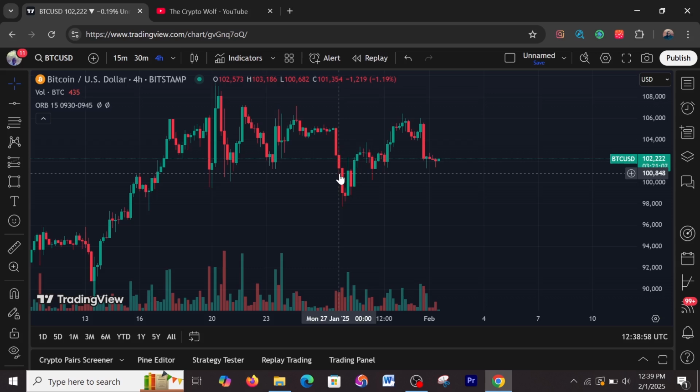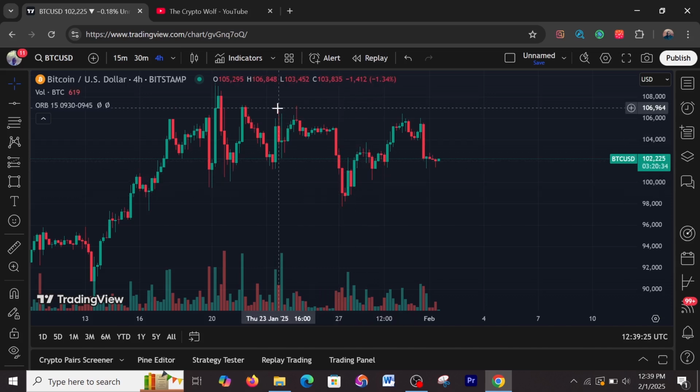It shows you the price range that people were willing to trade the most at the beginning of the market. Since the crypto market most times begins its day at 1 a.m. every day, for the first 15 minutes of it, it shows you the price at which people were willing to trade the most. Which is very important.